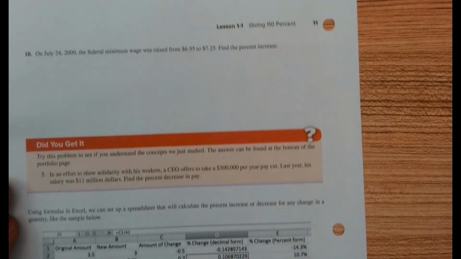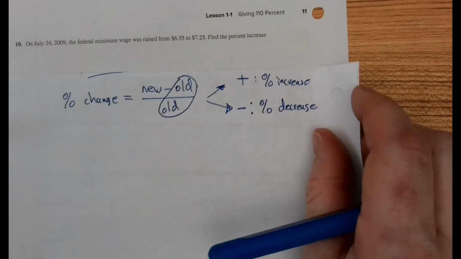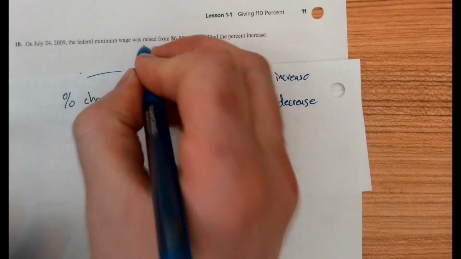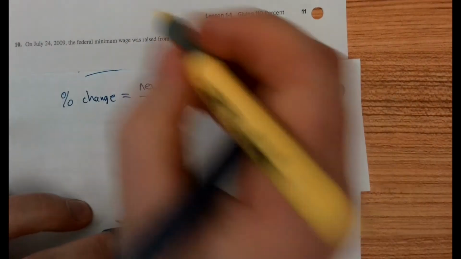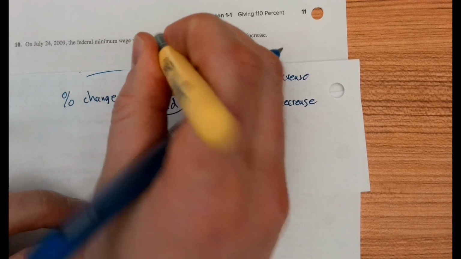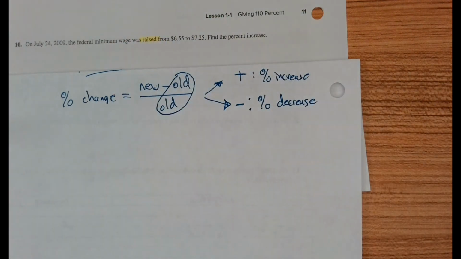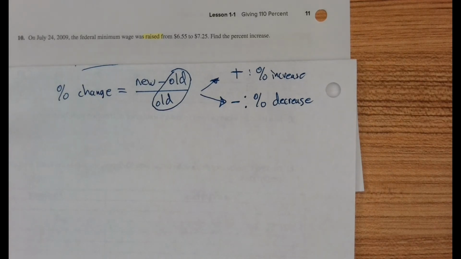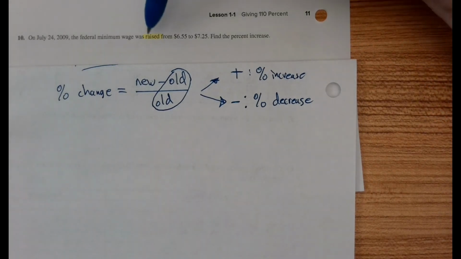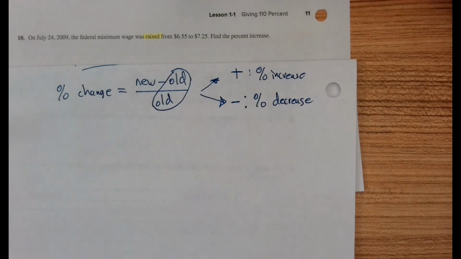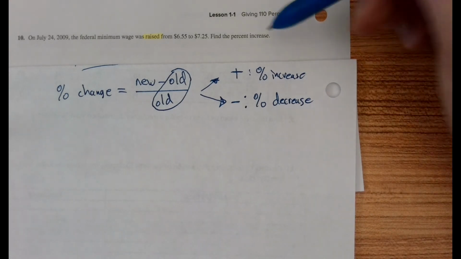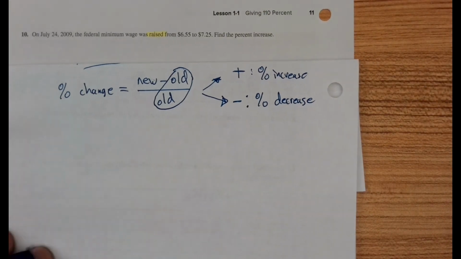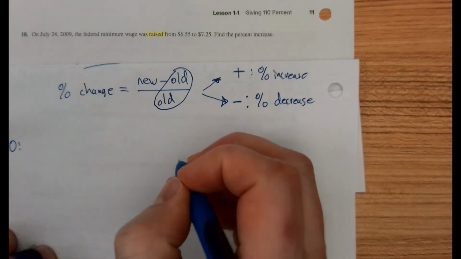So let's do one. Here we are on July 24, 2009, the federal minimum wage was raised. Now, here, those of you that are readers, that enjoy English and things, math follows along right with that. All the clues there are relevant. So we know this is going to be a percent increase because the new value is going to be larger than the old value. Note we also said find the percent increase. So let's identify this.